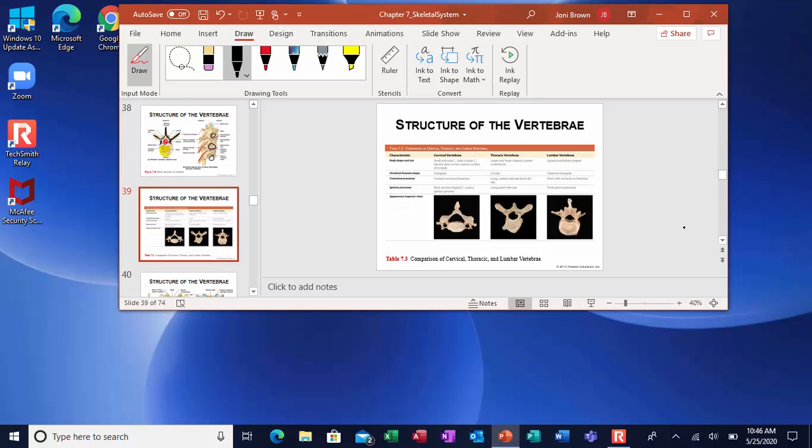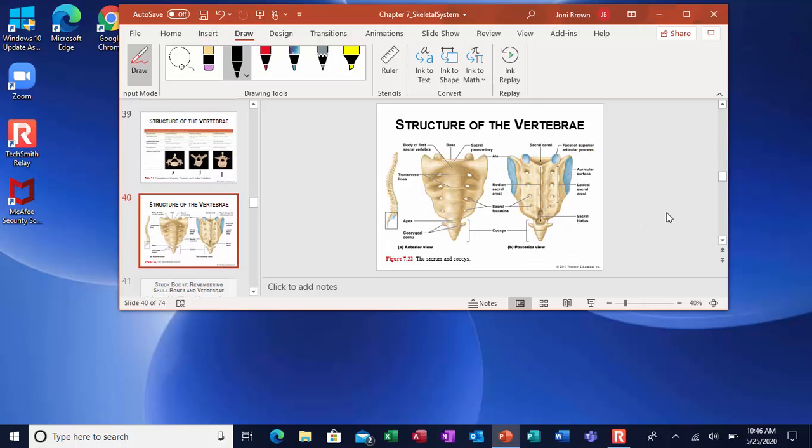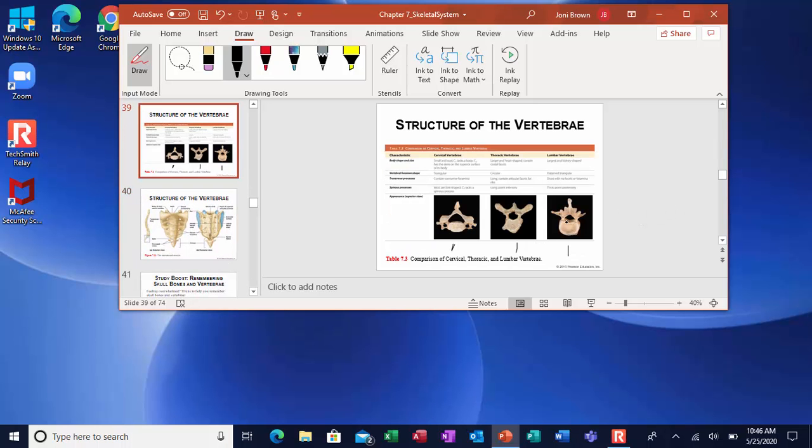Looking at the different vertebrae, you're looking here at a cervical vertebra. This is a thoracic, and this is a lumbar. All right, the cervical vertebra, you see something in them that you don't see any other vertebra having, and that is these vertebral foramen, these holes right here.